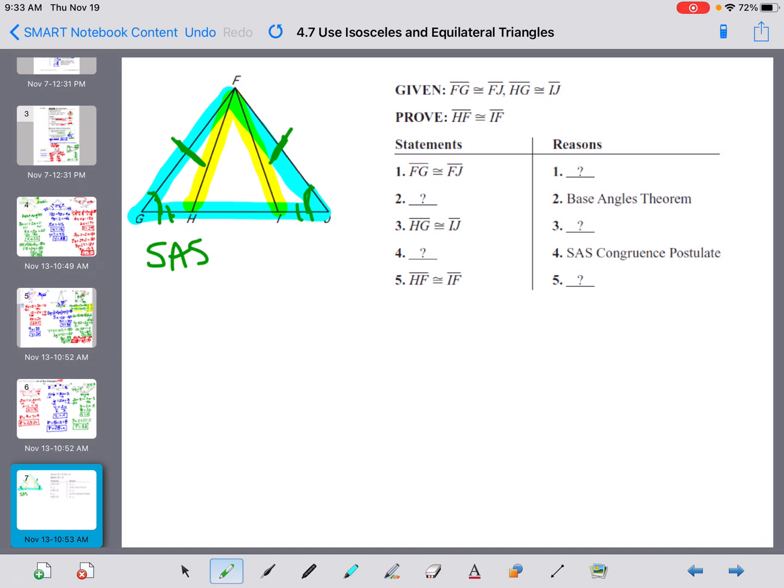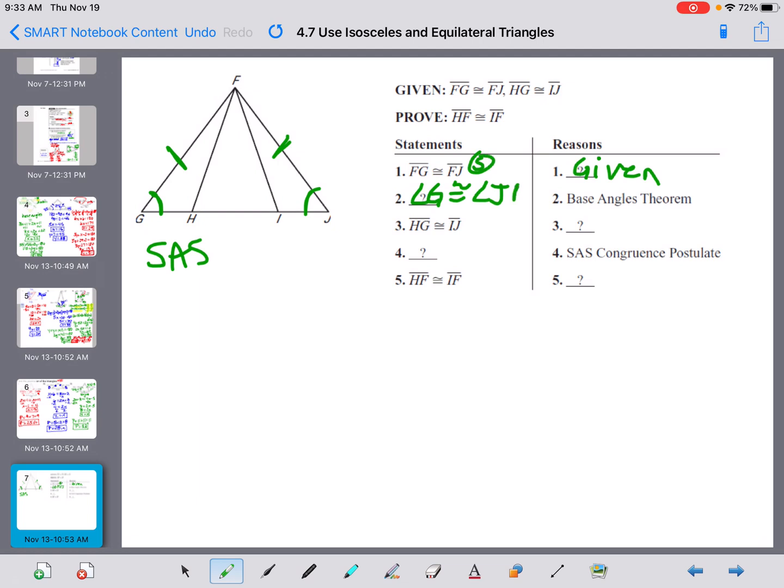So FG is congruent to FJ, that was given. It gave us a pair of sides. I'm going to actually erase everything I marked in here so we can see what we're using when, okay? So we use these givens, okay? That means if those sides are congruent, then these angles down here are. Is there any confusion at those angles? No. So let's just call it angle G congruent to angle J, okay? So we have a set of sides, we have a set of angles already, right? Then they had HG congruent to IJ, that was given, right? Which is a set of sides again.